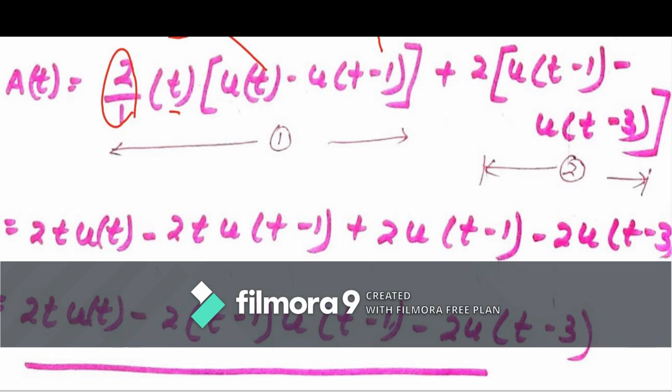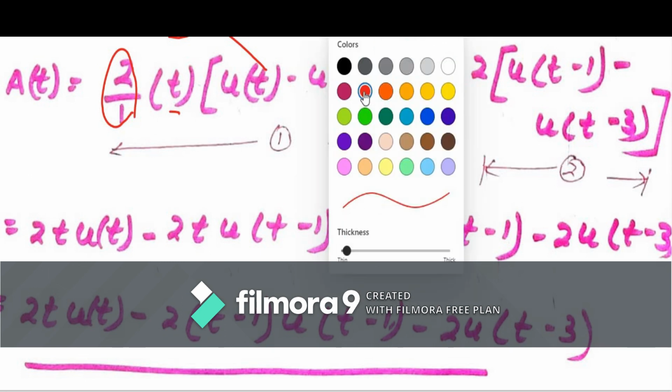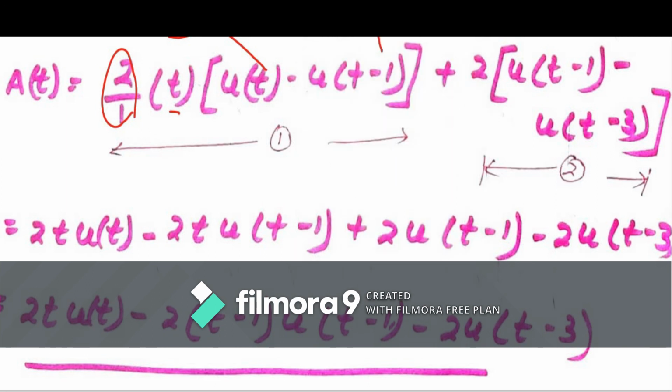So this is t u of t, as already I have told you, t u of t is a ramp function r of t. So it is a ramp function with a magnitude of 2, so I can write it like this, 2r(t).